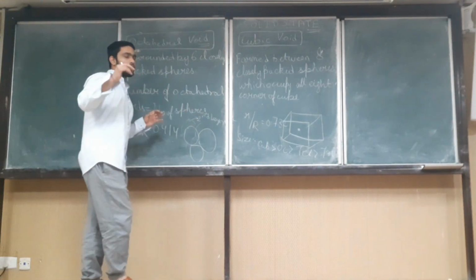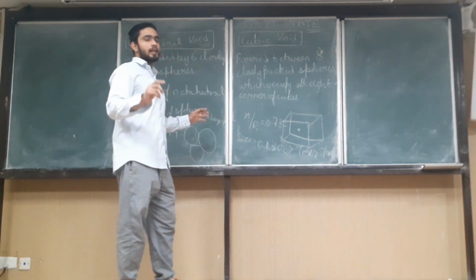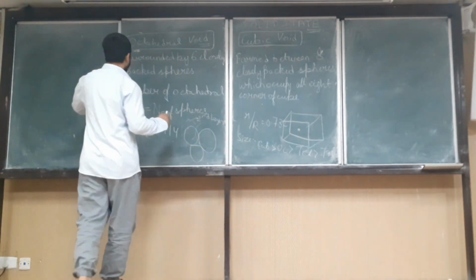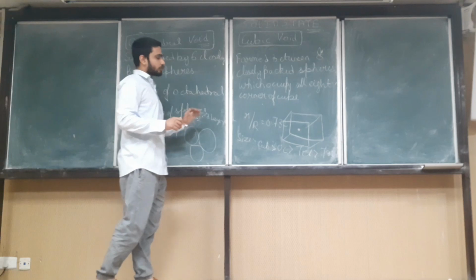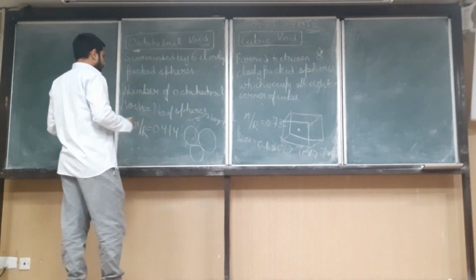If we see on a larger basis, then the number of octahedral voids and the number of spheres will be equal. This relation holds for a larger number of atoms or spheres which are involved.